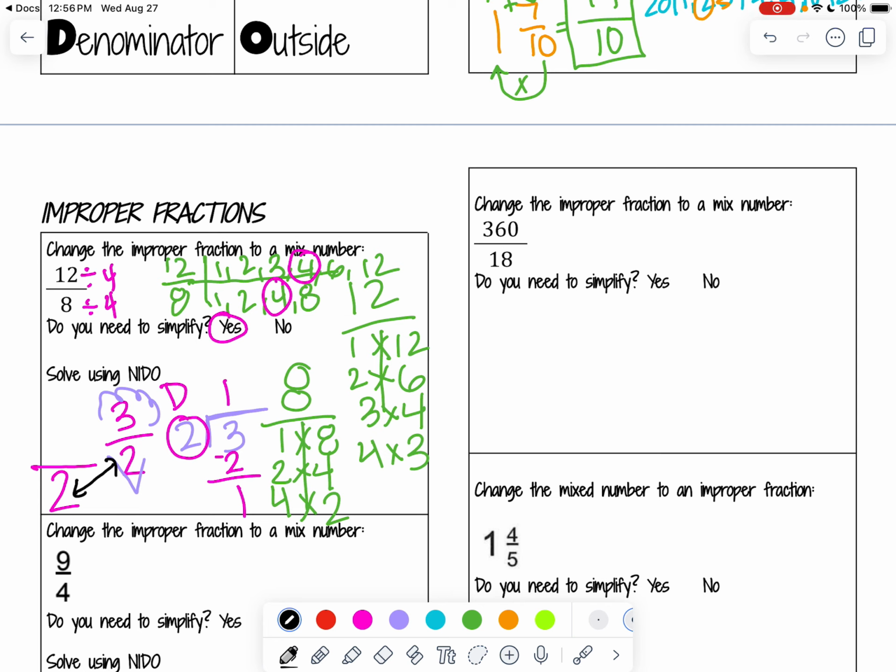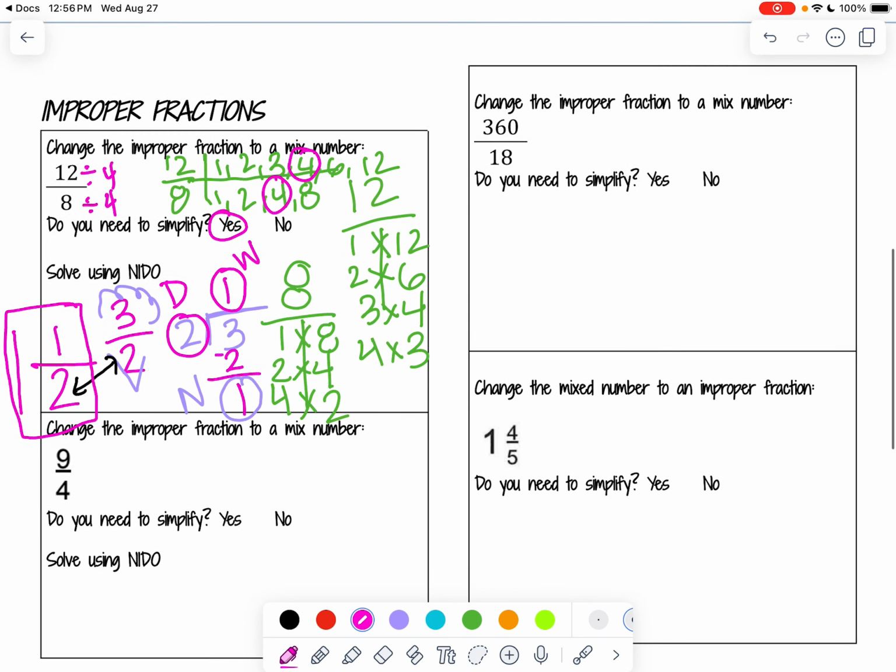The answer that you get when you're dividing at the top, this number at the top will always be your whole number. So we know that we got 1 whole time. And then your remainder, what you're left with, will be your numerator. So our numerator is now 1. And so now we have successfully converted this improper fraction to a mixed number.